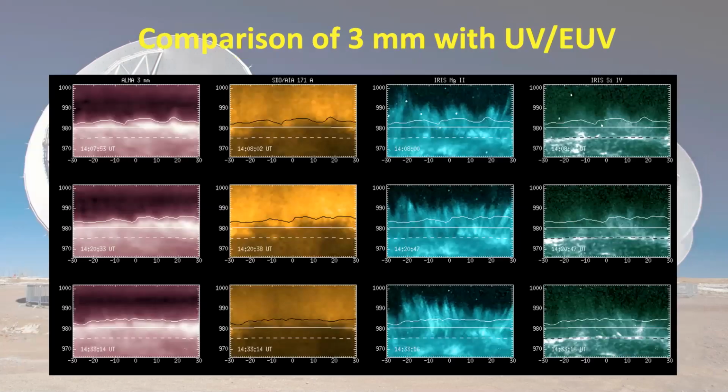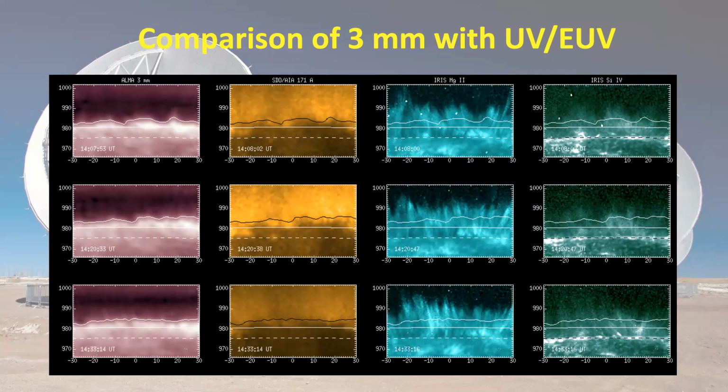Here's a sort of overview comparison of the 3 millimeter snapshot images with UV and EUV emission at several different times. The leftmost column shows 3 millimeter snapshots. The wavy white line is an isothermal contour near the tau equal 1 level.